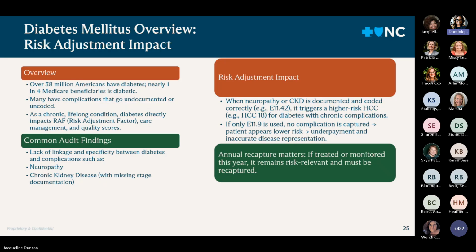When these complications are coded correctly, they trigger higher HCC values. For example, E11.42 for diabetes with neuropathy maps to a higher risk category than E11.9 alone. Annual recapture is essential. If the patient is treated or monitored this year, it must be coded again to remain risk relevant.